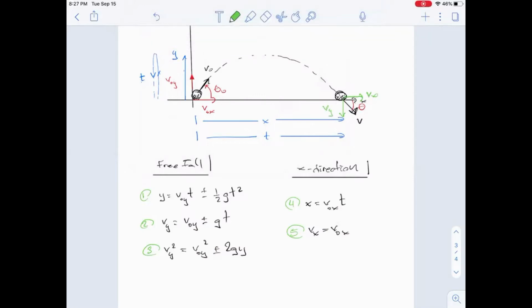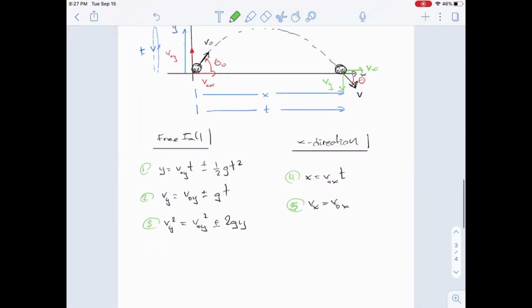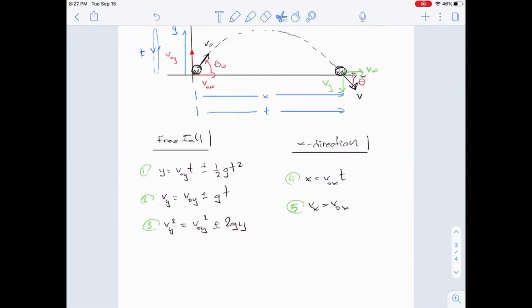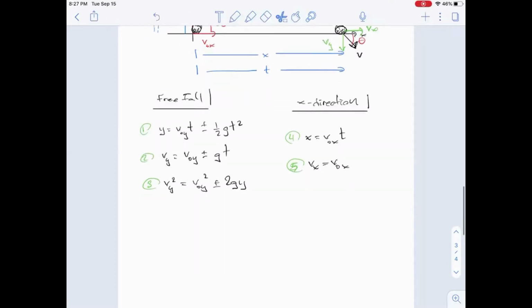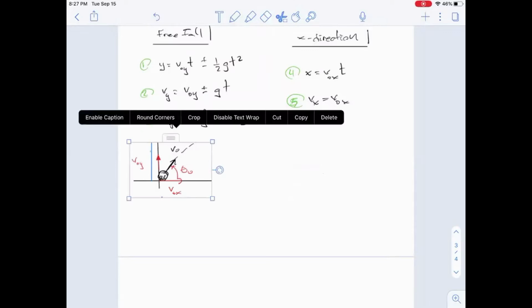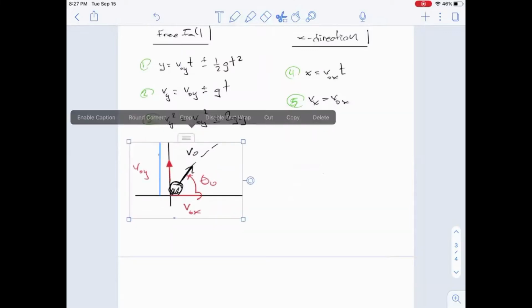So what we need to do is express the initial speeds in terms of the angles. So that's what we will try to do now. We'll add angles into this. This is going to be exciting.